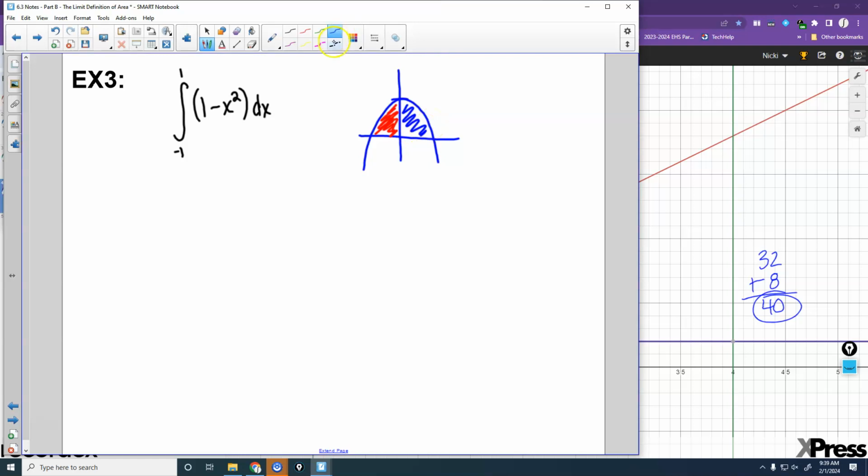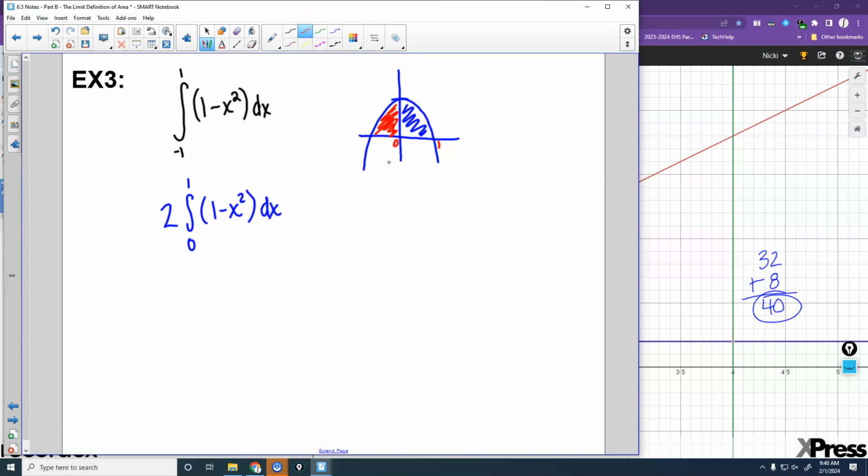So it will be equivalent for me to just do 2 times the integral from 0 to 1 of 1 minus x squared dx. So rather than doing from negative 1 to 1, I can go from 0 to 1 and just double my answer.